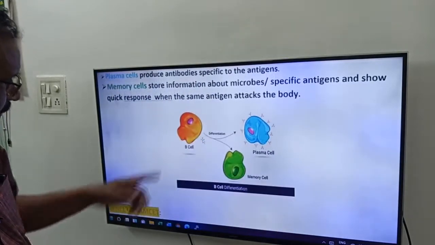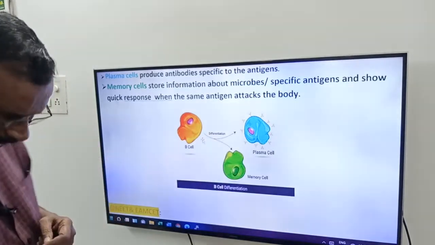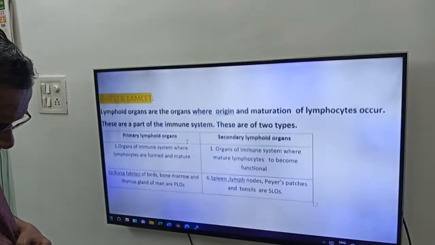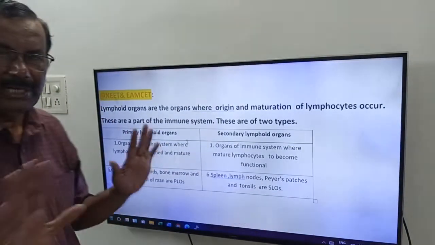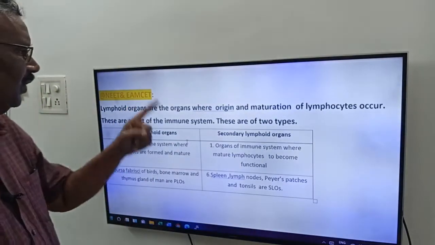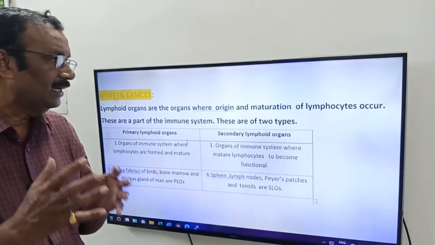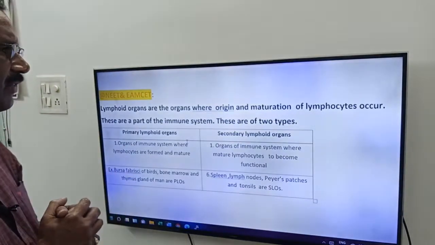See friends, here B cells are differentiated into two types, plasma cells and memory cells. Now for NEET and MSET, no need to write this in the IPE. Lymphoid organs are the organs where origin and maturation of lymphocytes occur.